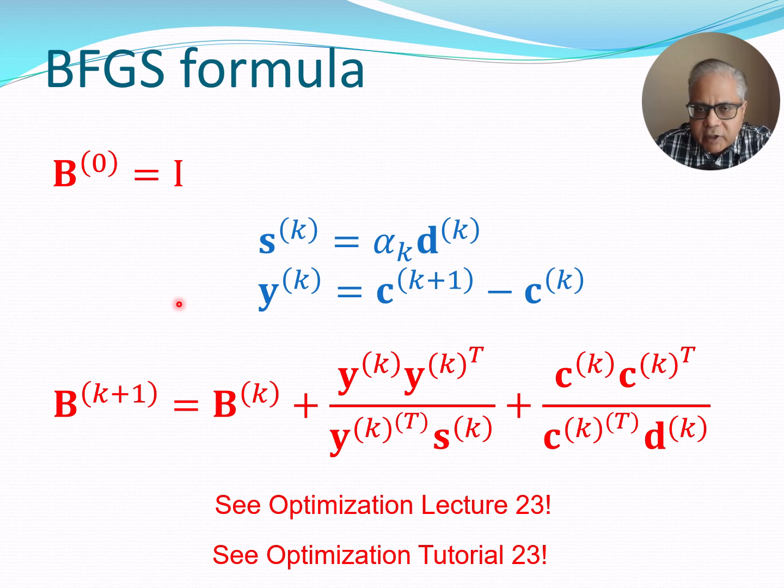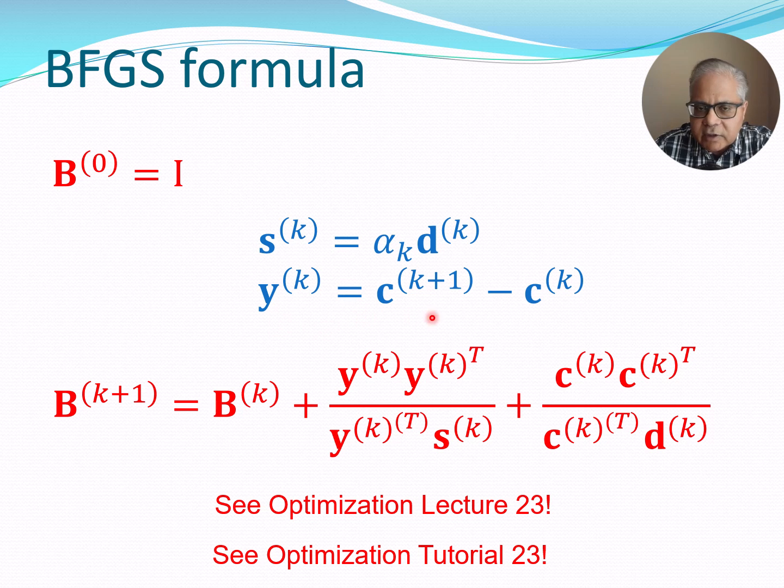And also the BFGS formula, with which you should be familiar by now, essentially starts with B0 is I, and then it updates the B matrix using this formula here, that is bk plus 1 is bk plus this matrix plus this matrix, and these two matrices are obtained by using these vectors sk and yk.